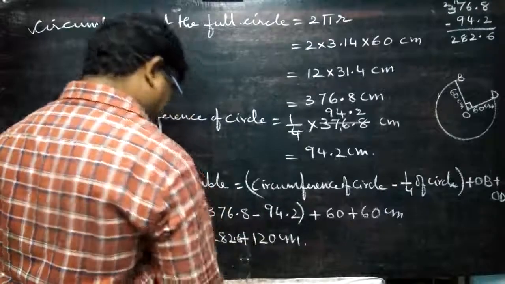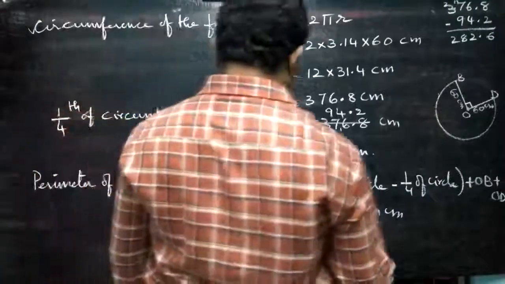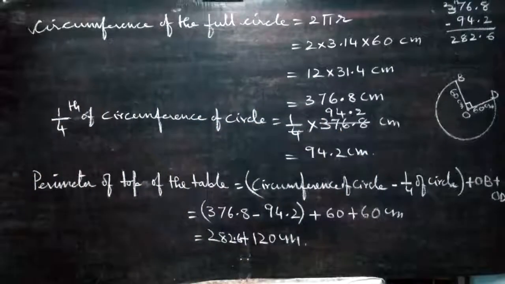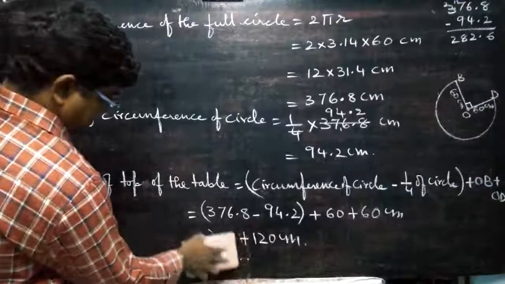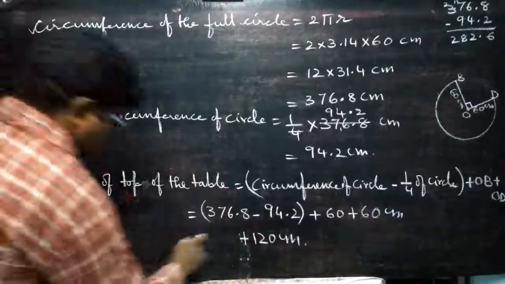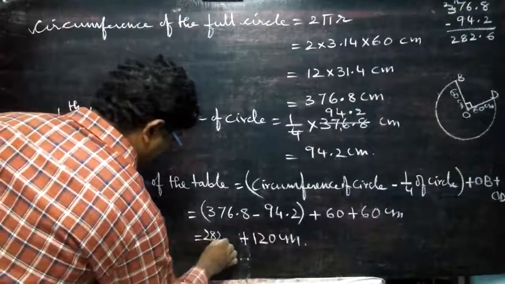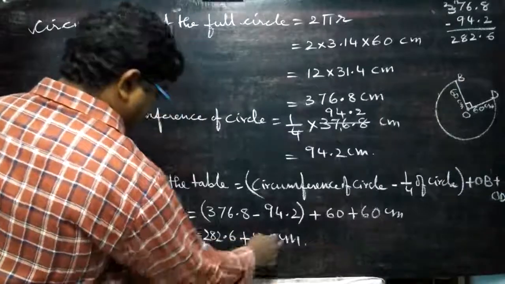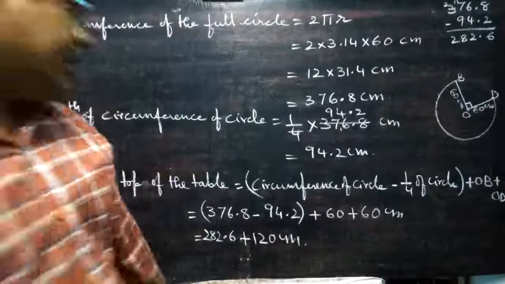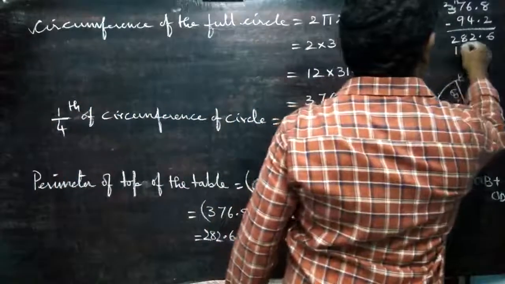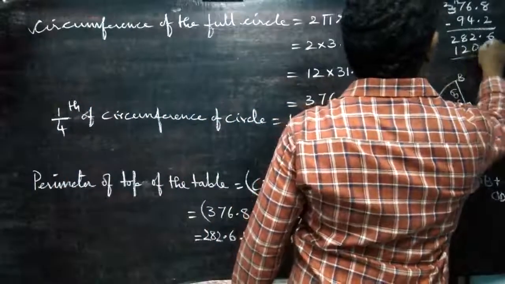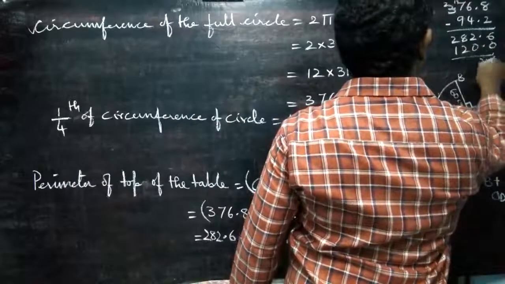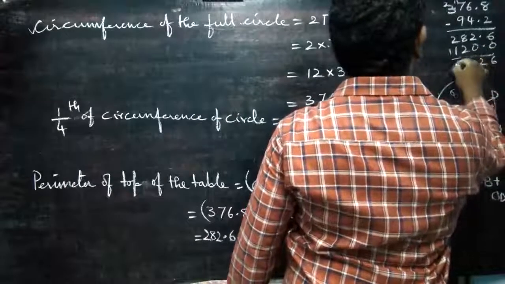0.6. Now write clearly, visible. 282.6 plus 60 plus 60, 120. Add 120. 0.0. 6, 2, 10 here.